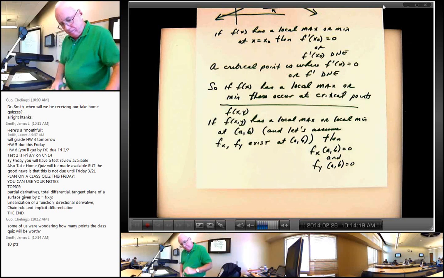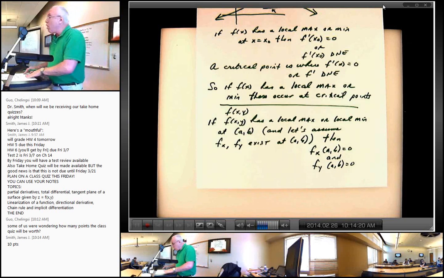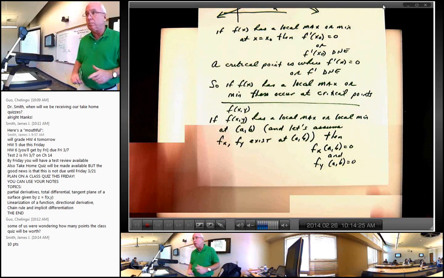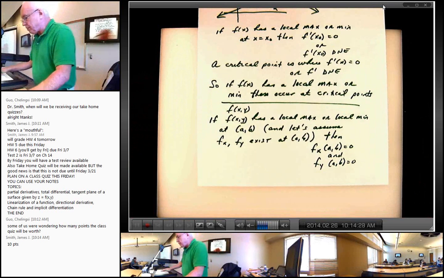Okay. Now, we also have a similar definition for what is considered a critical point for functions of two variables.